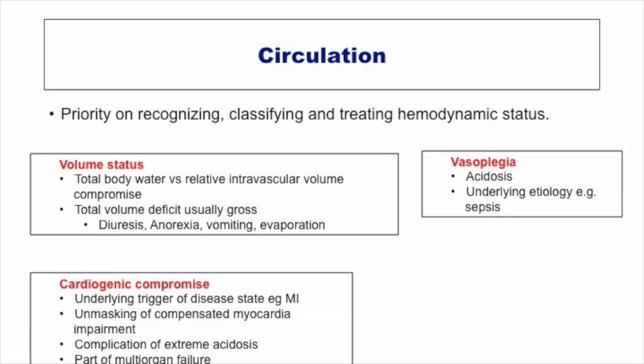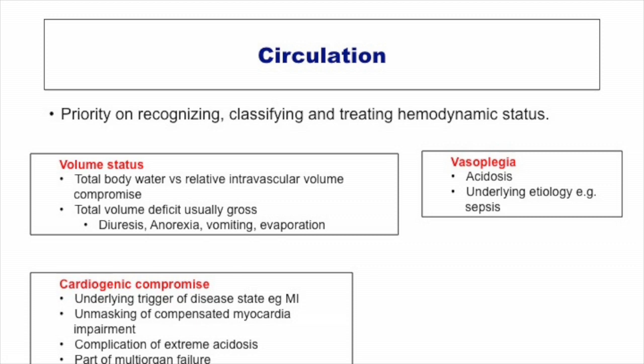Hypovolemia means you have lost blood volume, you are intravascularly depleted. Now, most of the diabetic patients have both. Most of them, when they present in extremis, have lost a lot of water, and they're hypovolemic as well. And they may present in hypovolemic shock. They need volume resuscitation. Now, they may present in vasoplegia, I mentioned that already, or they might present in cardiogenic shock.